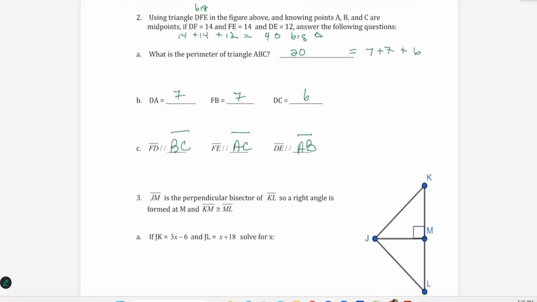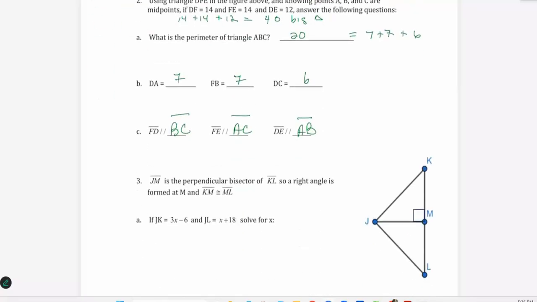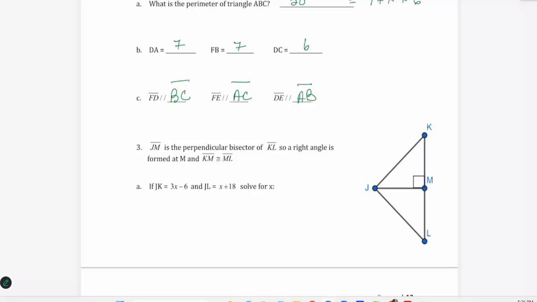Okay, now we're going into, so this was 5.1. This is all 5.1. Now we're going into perpendicular bisectors. That's 5.2. So JM is the perpendicular bisector of KL. So if that's the case, then this happens. What else happens?